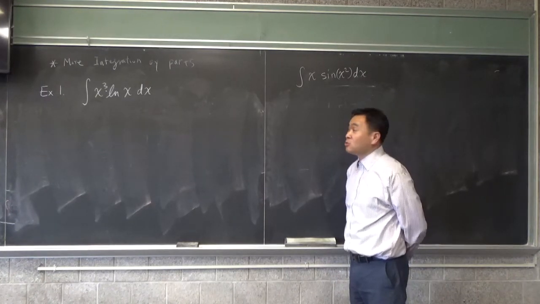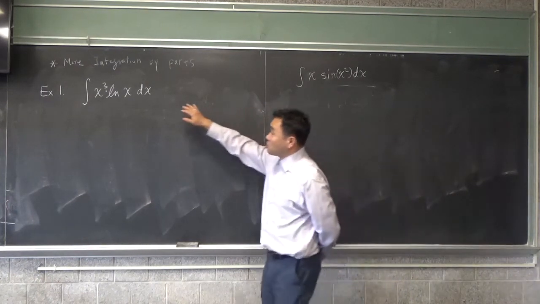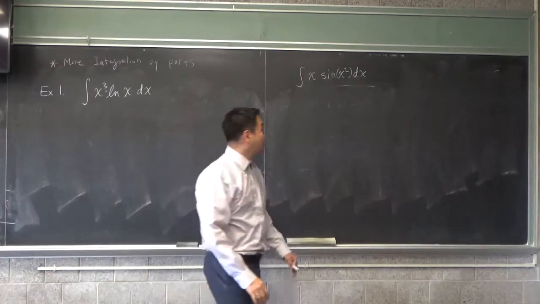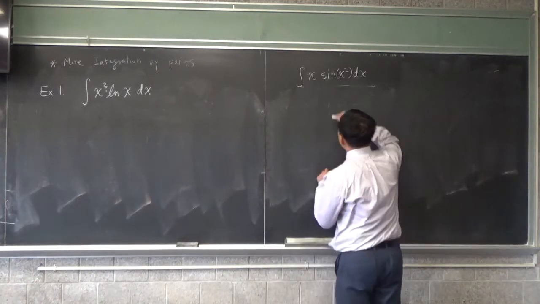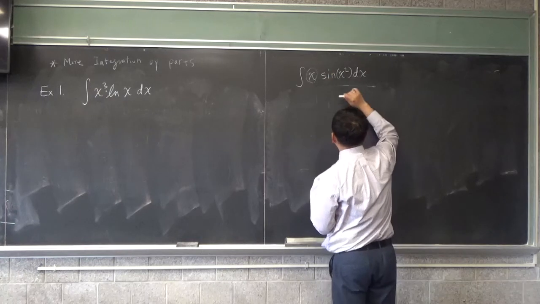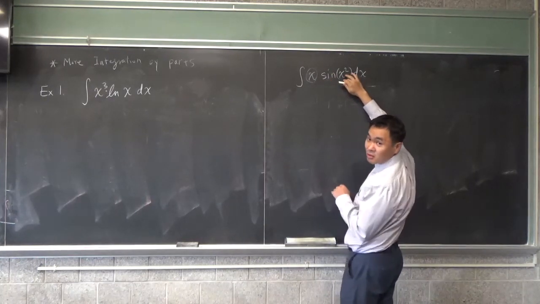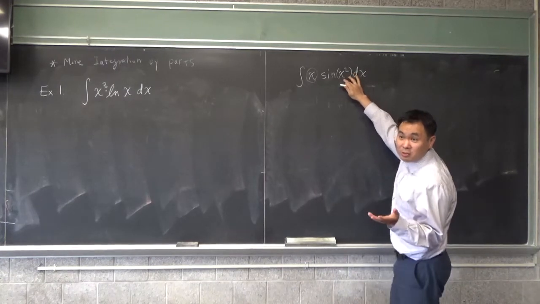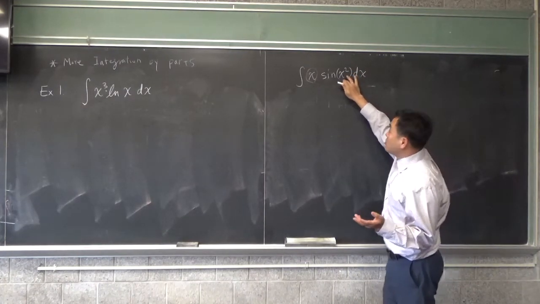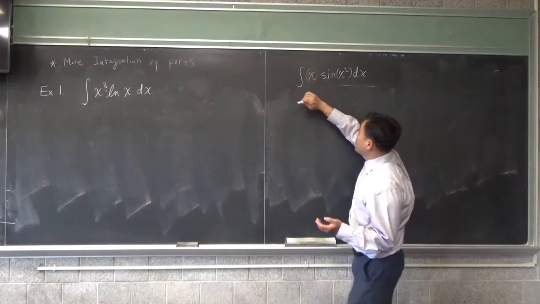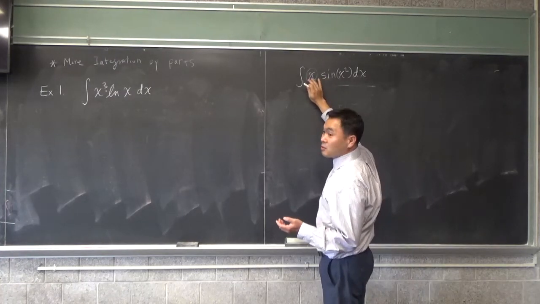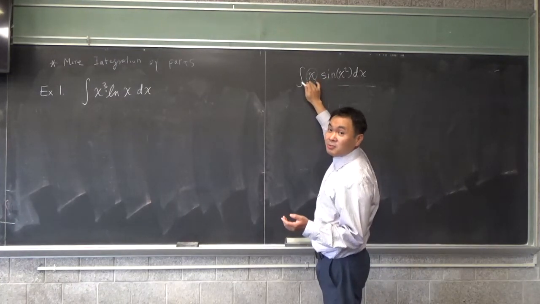Now, why is this a u substitution question, whereas this is an integration by parts question? Well, over here, this one is kind of tied to this one. If you differentiate x squared, what do you get? You get 2x, right? And 2x is a multiple of x. So you can really think of this as part of the artifact of the chain rule.